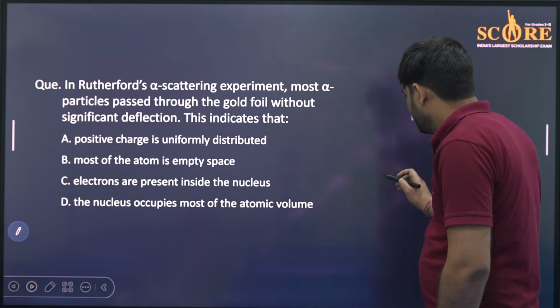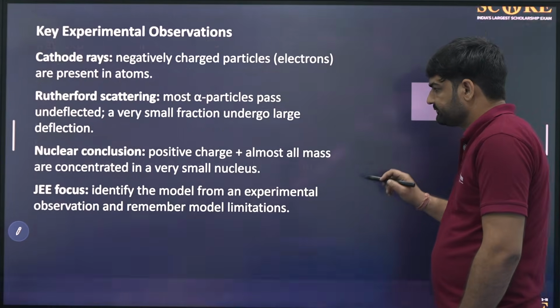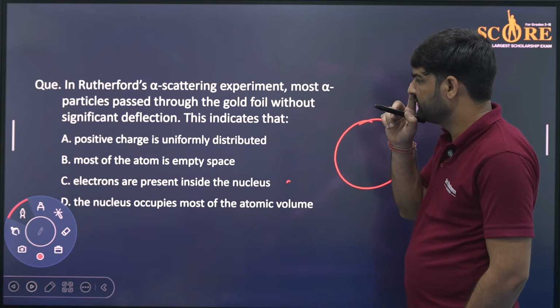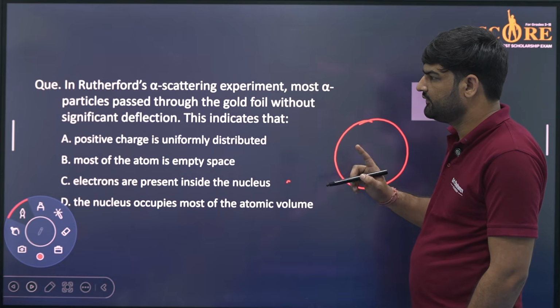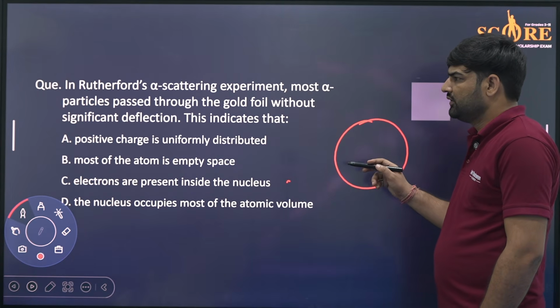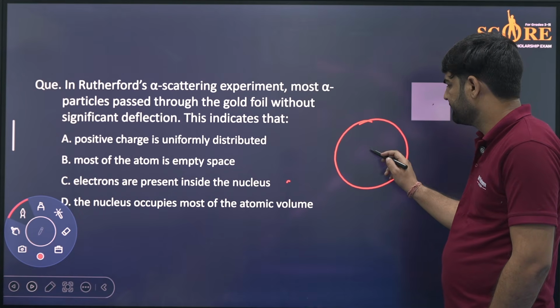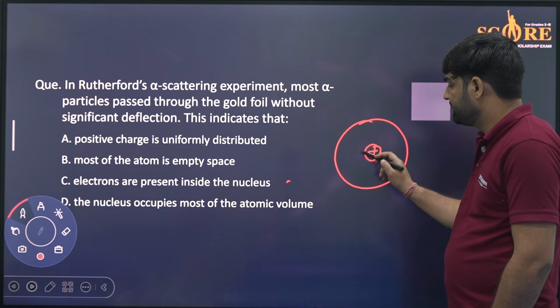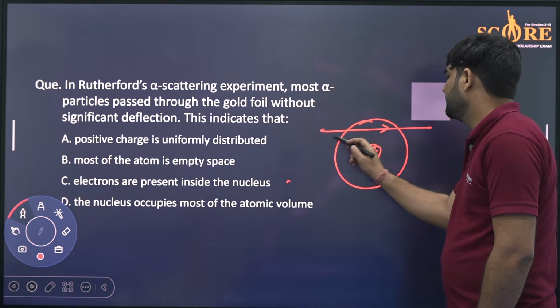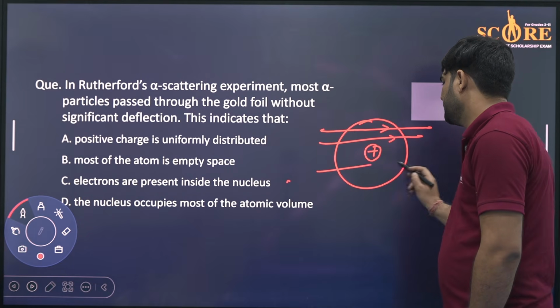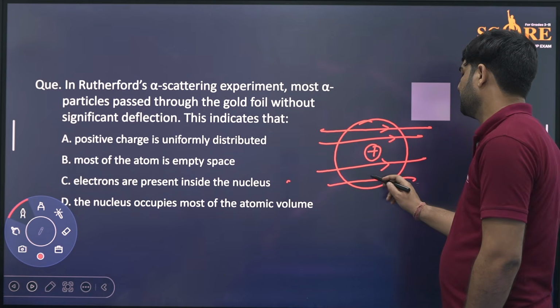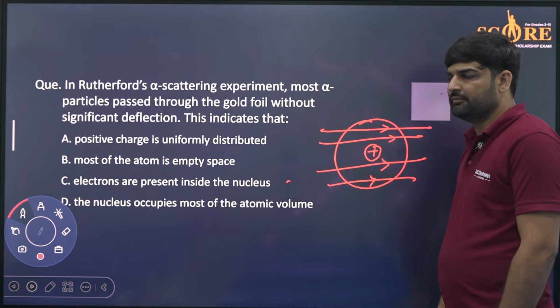So this is the atom, and the question says most of the alpha particles pass through the gold foil without deflection. It means most of the alpha particles pass through the atom, and so most of the atom is empty.